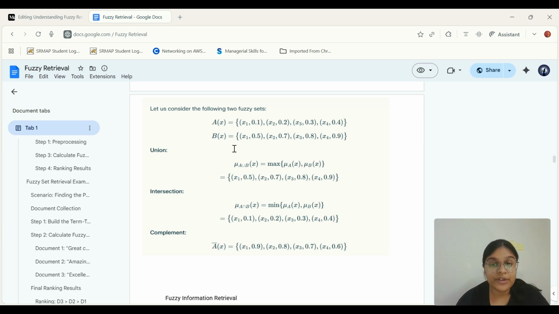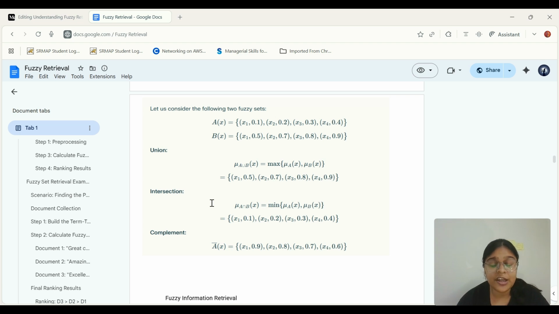So, mu of A of x is 0.1 and mu of B of x is 0.5. So, which one is max? 0.5 obviously. So, we take 0.5 here. Next, for these two terms, we find the maximum as 0.7. For these two terms, we take 0.8, and for these two terms, we take 0.9. So, this will be our union set.